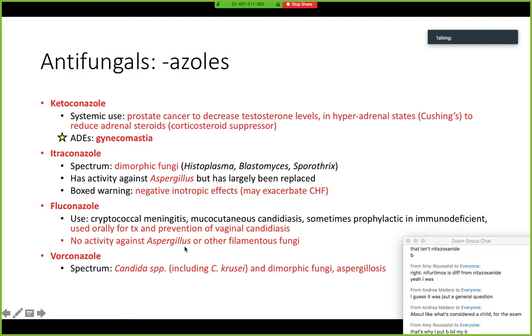Okay. And then obviously, anytime you see azole, that's a good way to remember that those are antifungals. So if you have a list of drugs and you see azole after it and the stem has nothing to do with a fungus, it's probably not the right answer. So just keep that in mind.